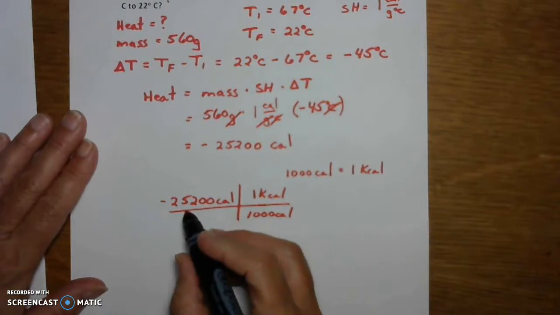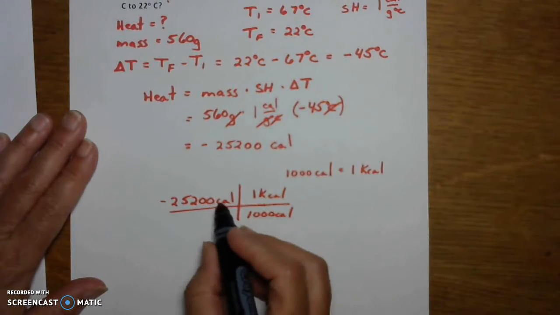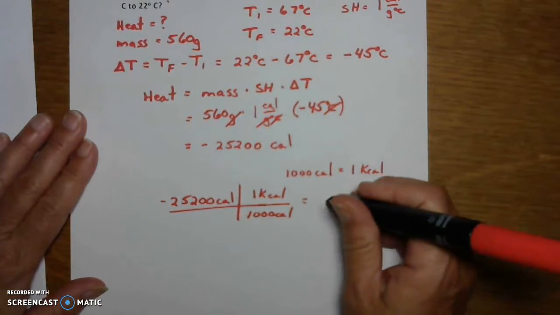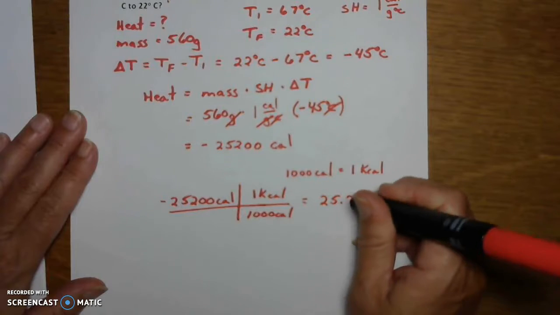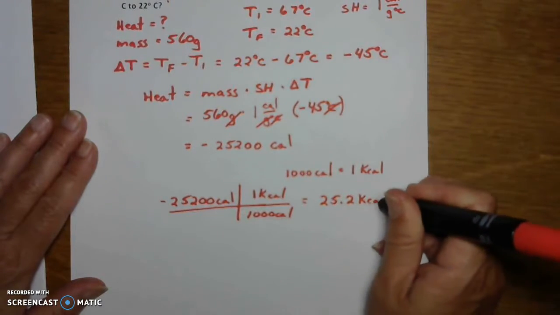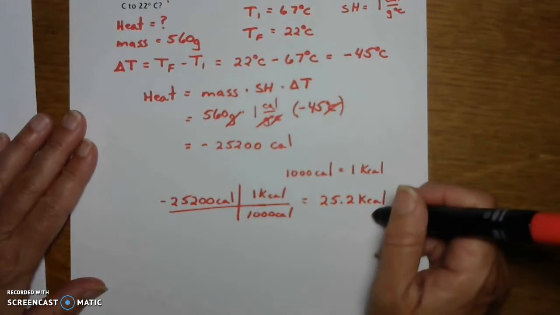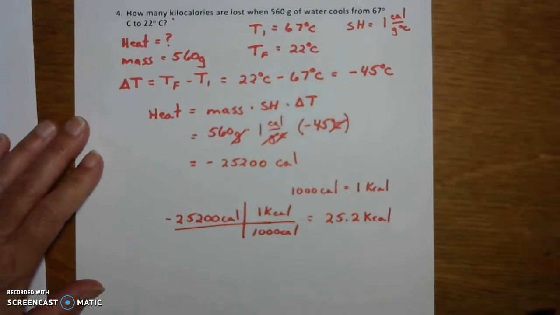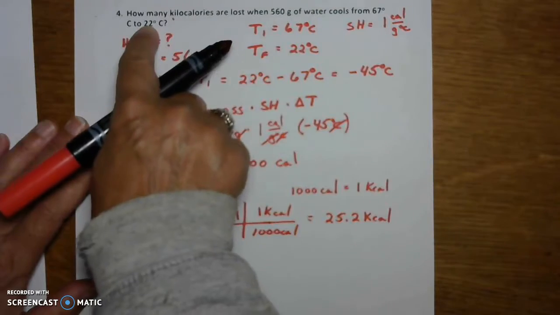So we're going to end up dividing by 1,000. So we'll take this number, multiply by 1, divide by 1,000, and we will get 25.2 kilocalories.